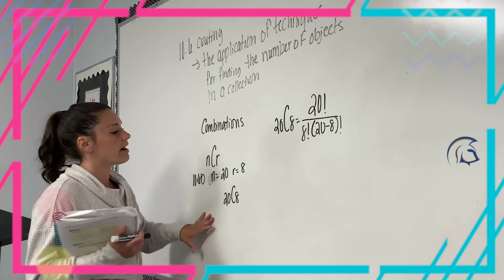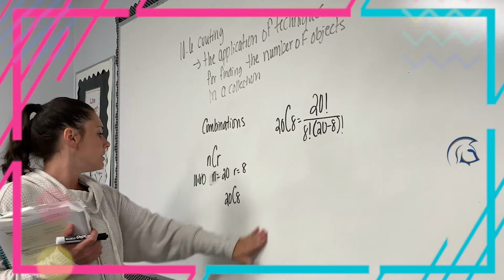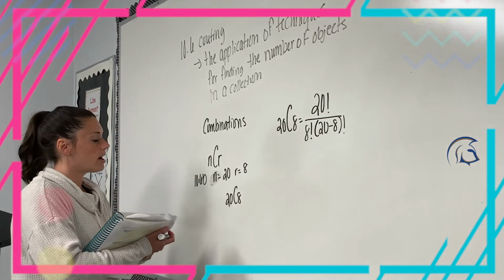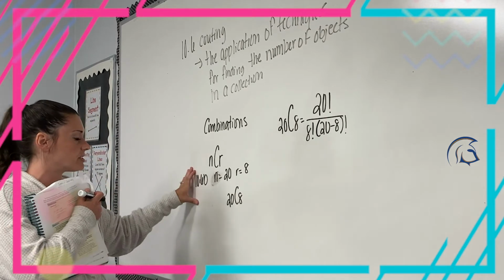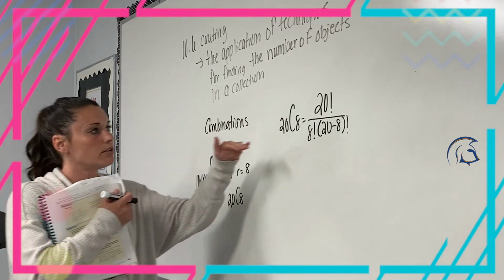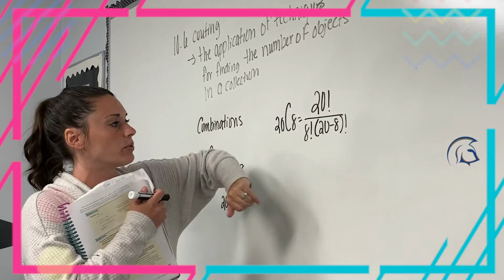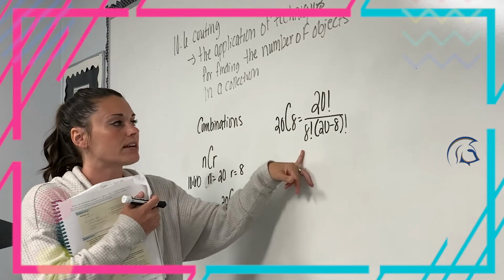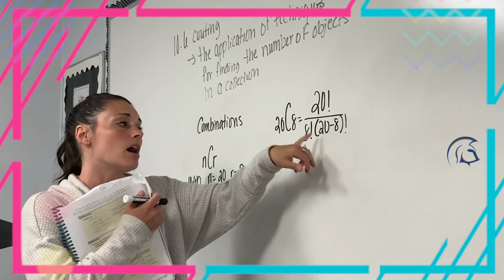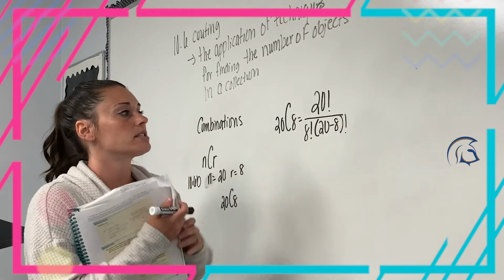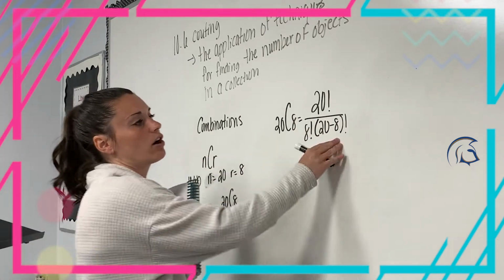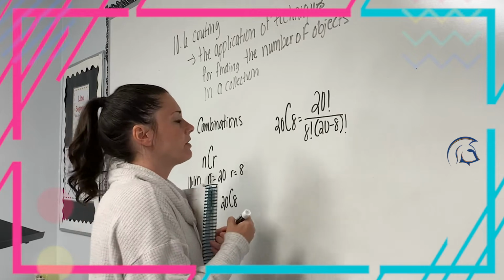So here is our formula for our example 10.6D, which is n factorial over r factorial times (n minus r) factorial, okay?